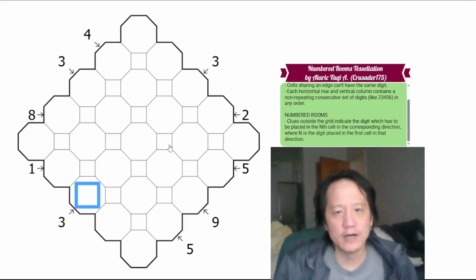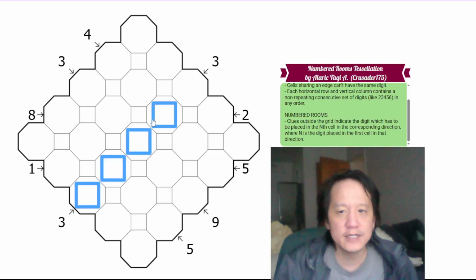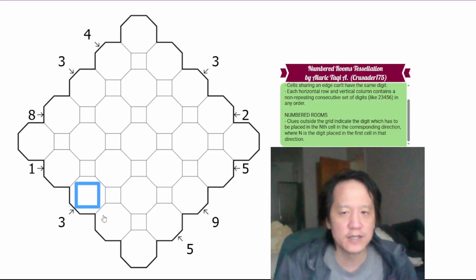We also have numbered rooms, where clues outside the grid indicate the digit which has to be placed in the nth cell in the corresponding direction, where n is the digit placed in the first cell in that direction.